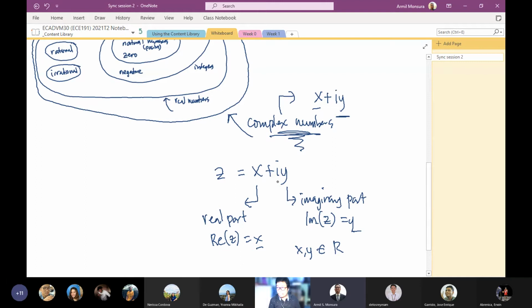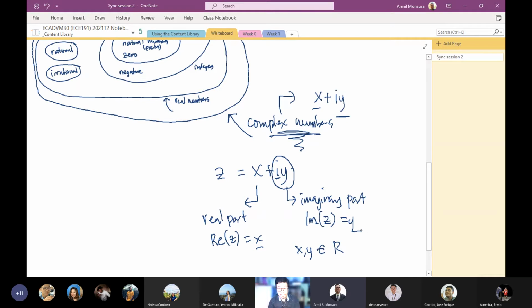But if you multiply any real number with an imaginary unit, that becomes an imaginary number. We simply call y the imaginary part, but we don't call y the imaginary number. We call iy an imaginary number, but we don't call y itself an imaginary number.